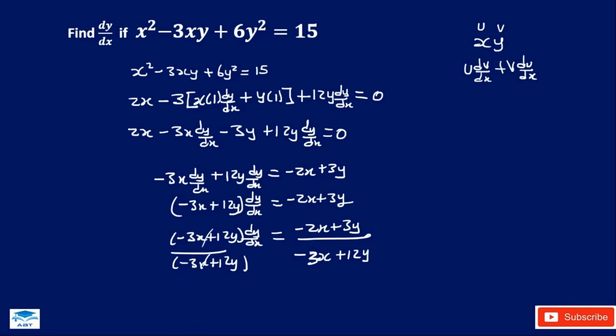So we cancel out and dy dx is equal to negative 2x plus 3y over negative 3x plus 12y. Let's try another example.